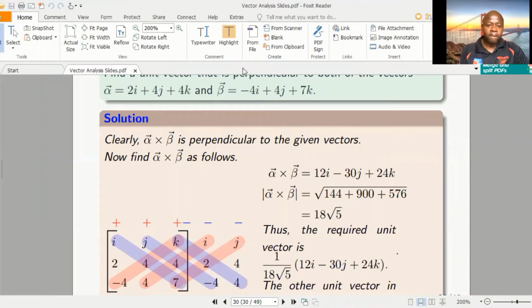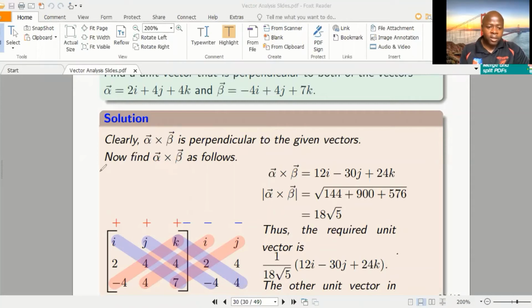We write i, j, k, then the coefficients of alpha, which are 2, 4, 4, and the coefficients of beta, which are -4, 4, 7, and then add these two columns here. We multiply along the blue diagonals and add the result.